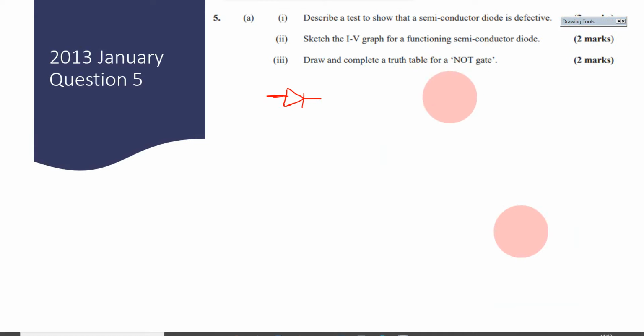Right, so on a typical graph like this, if we wanted to sketch the characteristic curve, the diode itself operates like this.